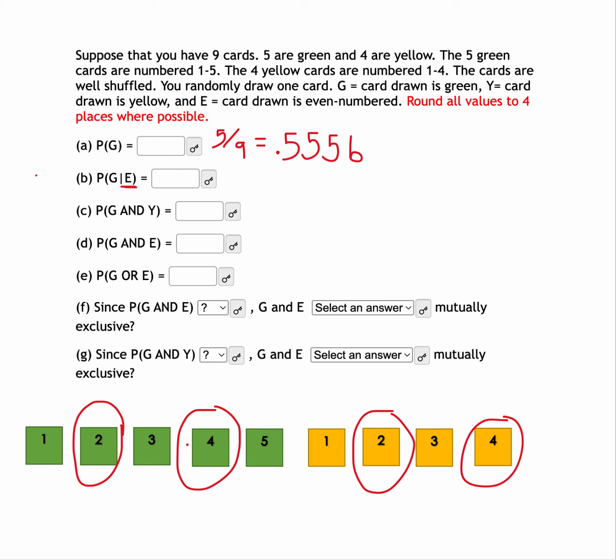So we have 4 even cards. Those are the ones I just circled. Out of those even cards, what's the probability that I'm going to choose a green card? That would be 2 possibilities out of the 4. So that would be 2 out of 4, which would be 0.5 when we put it in decimal format. So let me erase this.